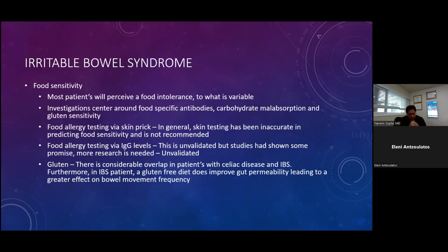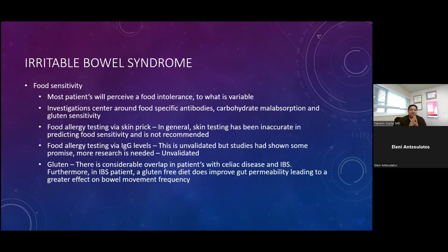Gluten is big, there's no doubt. Now, obviously, the gluten-free world has dramatically changed in the last 5, 10, 15 years. There is a considerable amount of overlap with celiac disease and irritable bowel syndrome, and I do think every patient who you're contemplating irritable bowel syndrome for should be, with at least a blood test, ruled out for celiac disease.